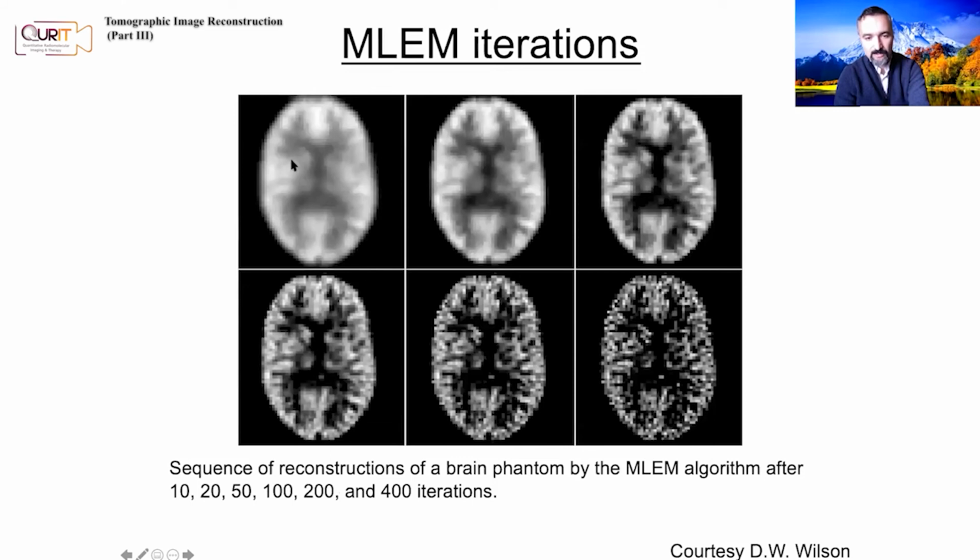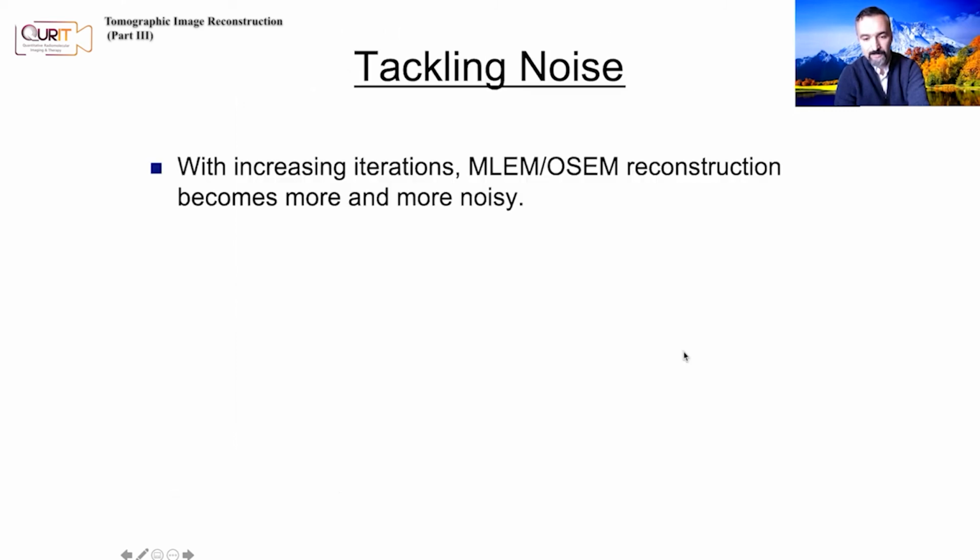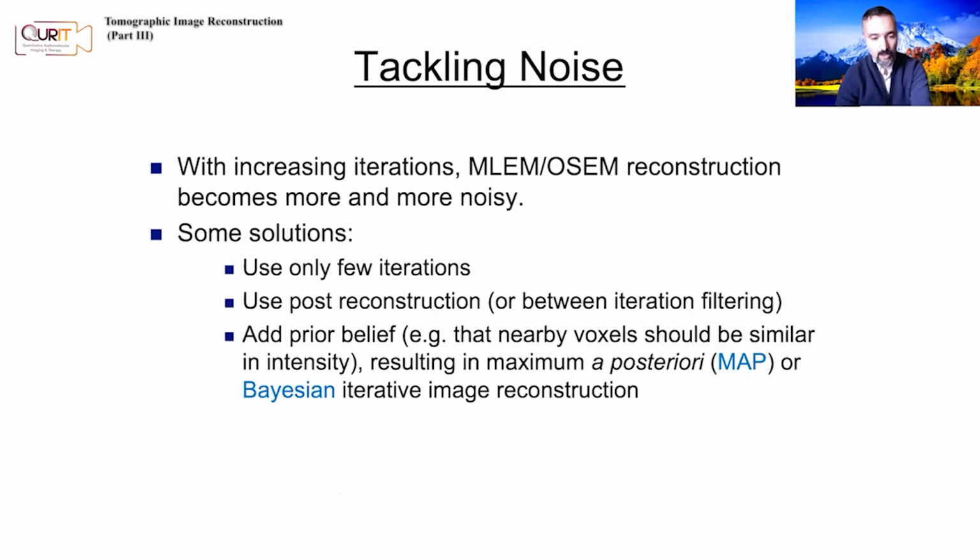One of the issues with MLEM is that as you iterate more, the image starts to look better and better. But after a while, if you iterate too much, the image may become too noisy. So MLEM OSEM reconstruction may become more and more noisy. So if you do an extreme number of iterations, that is a problem. There are some solutions to that. People may only use few iterations.